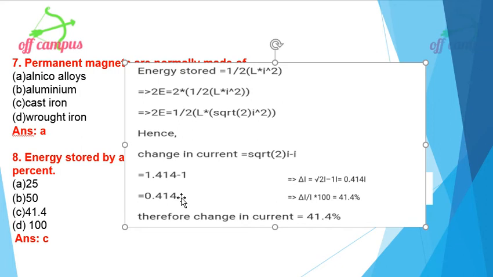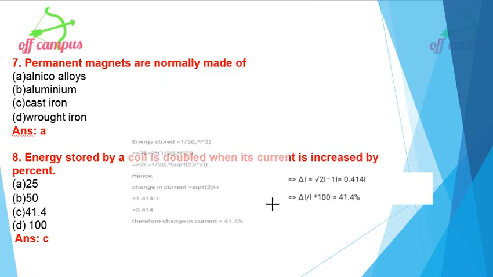We need to give the percentage, so multiplying by 100 we will get 41.4 percent. So, option C is the right option, 41.4 percent.